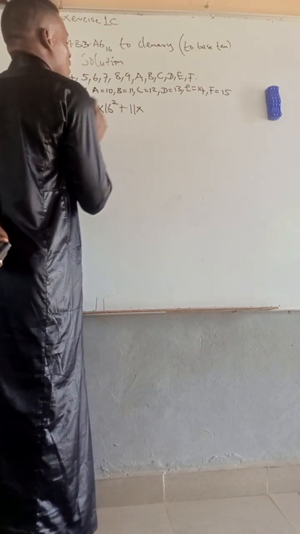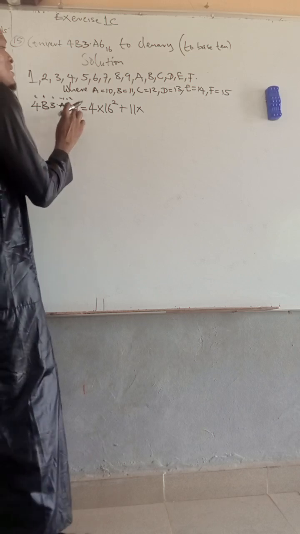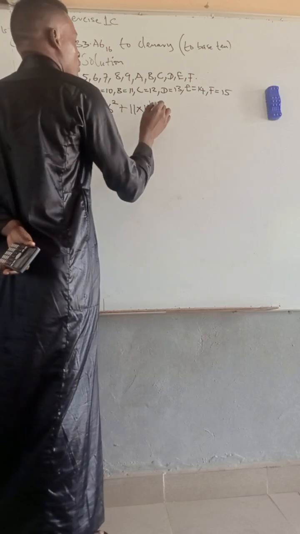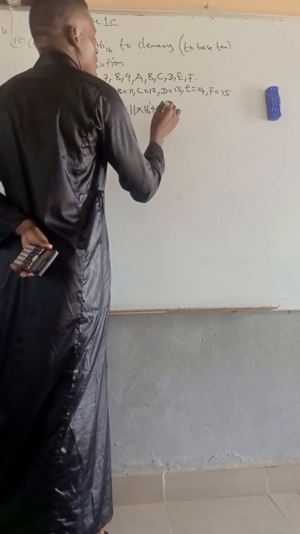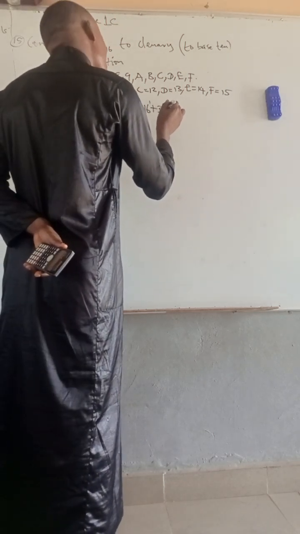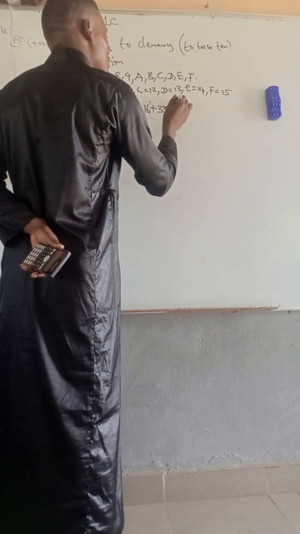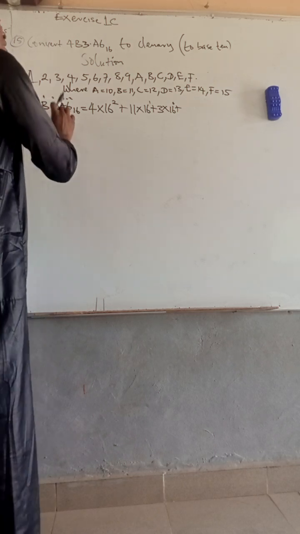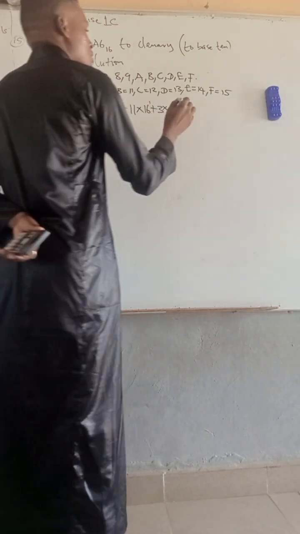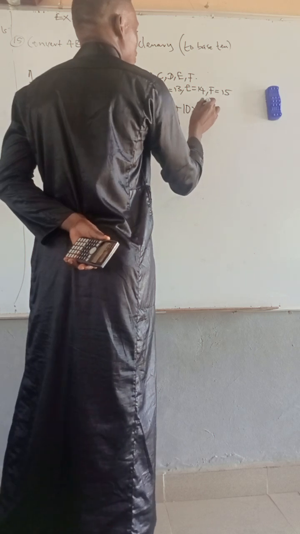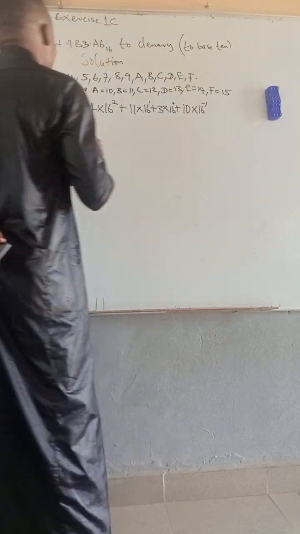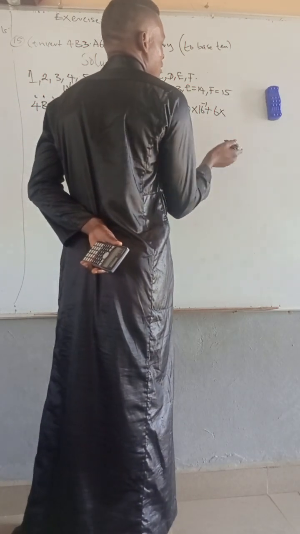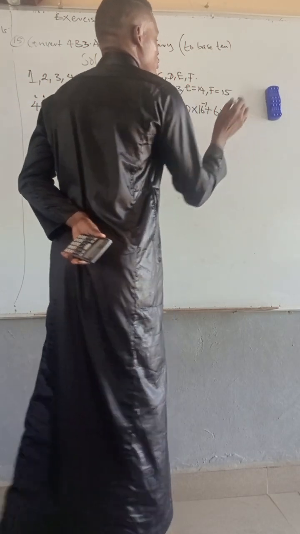So multiply by 16 to power 1, plus the next digit is 3, multiplied by 16 to power 0, plus, now it's after the decimal point, we have A, and A here is 10. So we have 10 multiplied by 16 to power -1. The next one is 6, plus 6 multiplied by 16 to power -2.